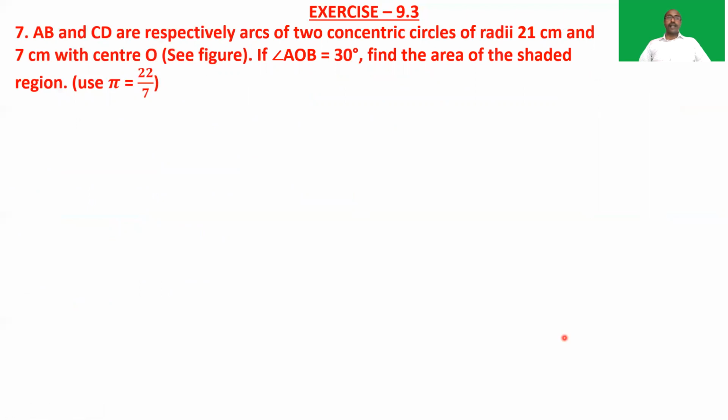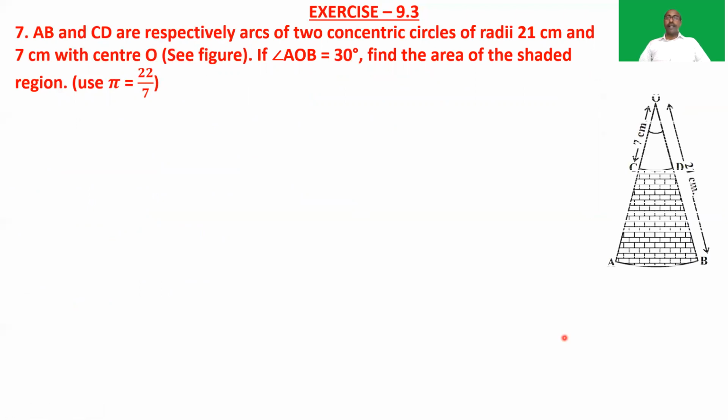AB and CD are respectively arcs of two concentric circles of radii 21 centimeters and 7 centimeters with center O. If angle AOB is equal to 30 degrees, find the area of the shaded region. Here, OAB and OCD are sectors of two concentric circles.